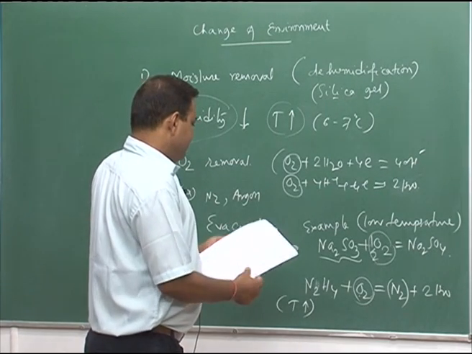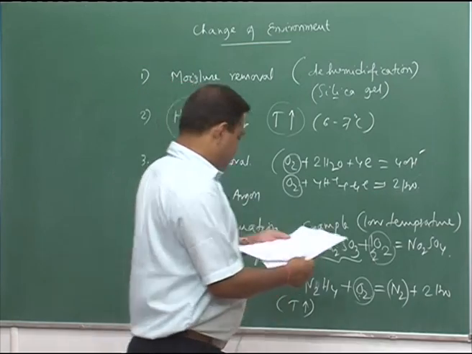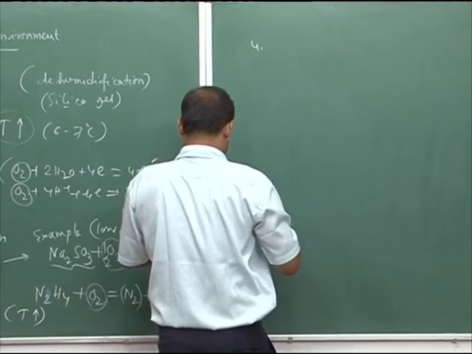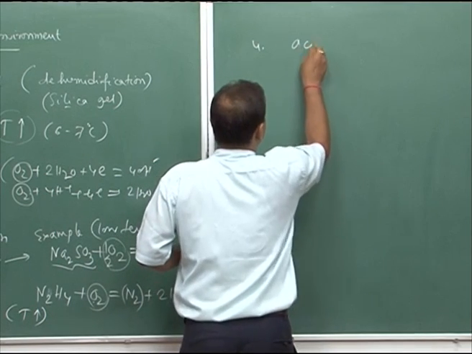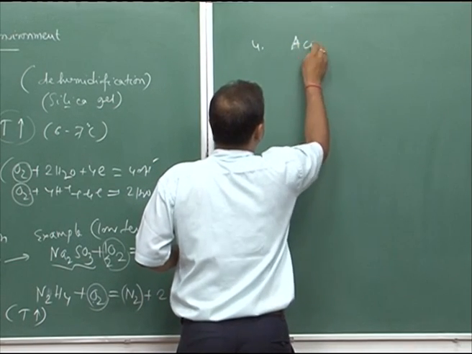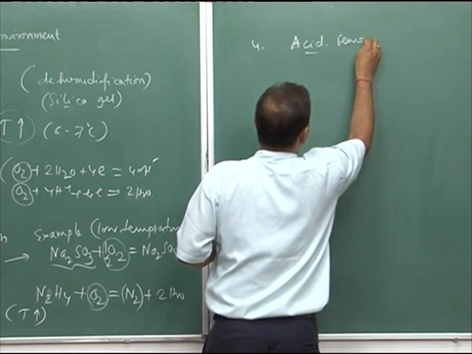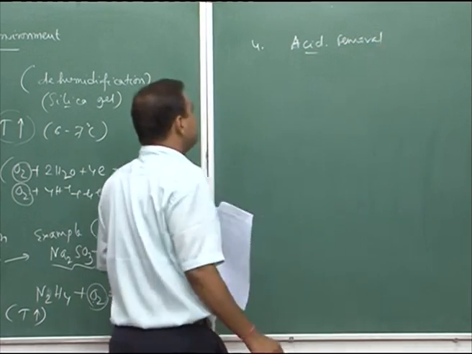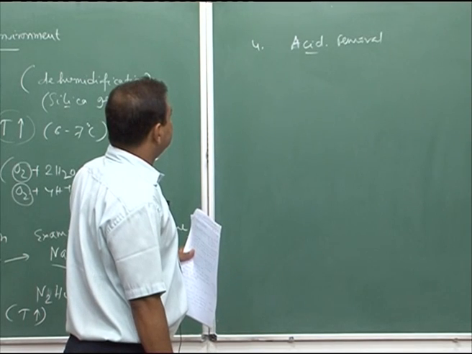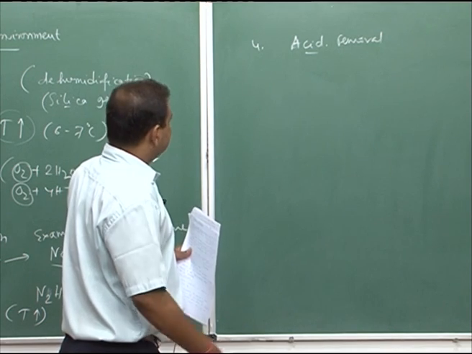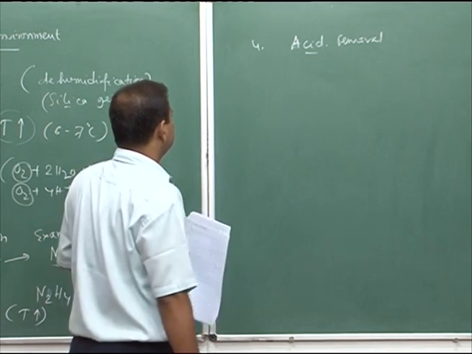Then we can also remove acid from the solution. Acid removal can be one option. If we remove acid, then the corrosion rate can reduce.